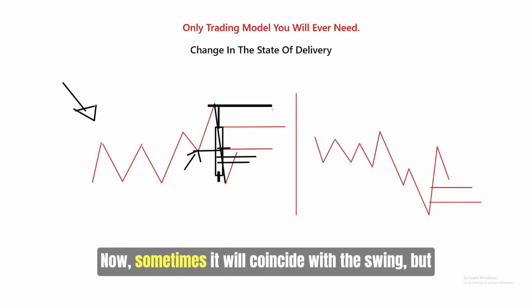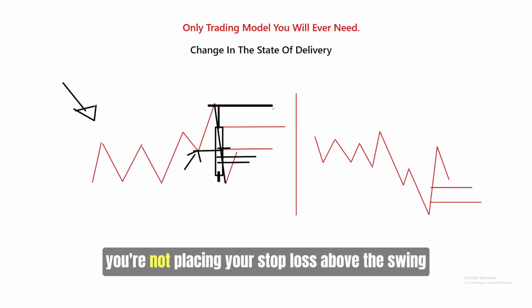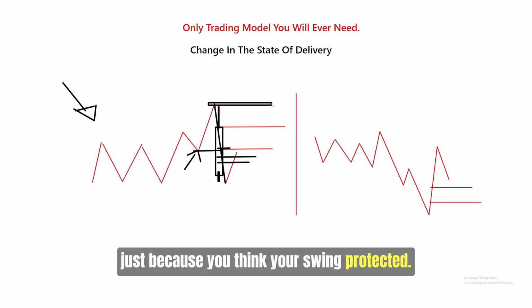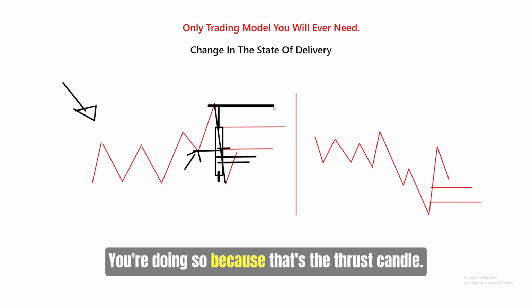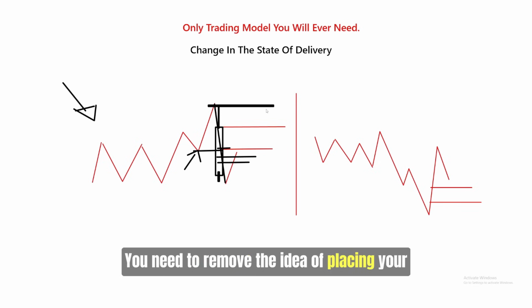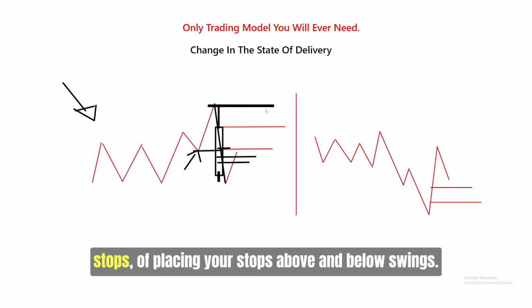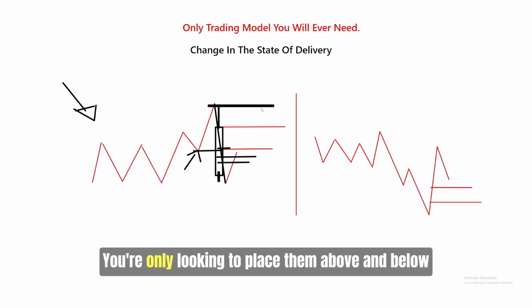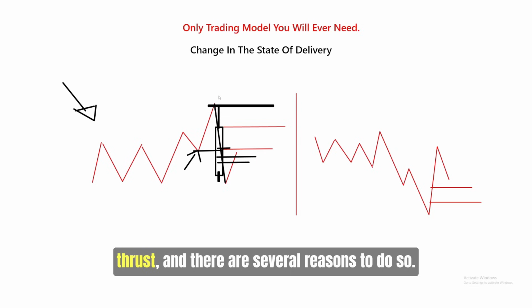Now, sometimes it will coincide with the swing, but you're not placing your stop loss above the swing just because you think you're swing protected. You're doing so because that's the thrust candle. You need to remove the idea of placing your stops above and below swings.